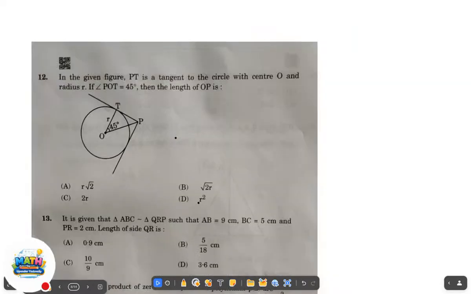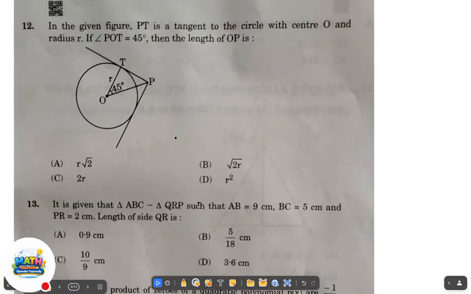12th question is, in the given figure, PT is the tangent to the circle with center O and radius r. Angle POT at O is 45, then length of OP. So we need to find the length of OP, right? Very simple. Angle at T is 90 degrees, right?